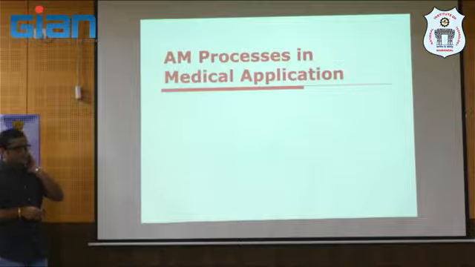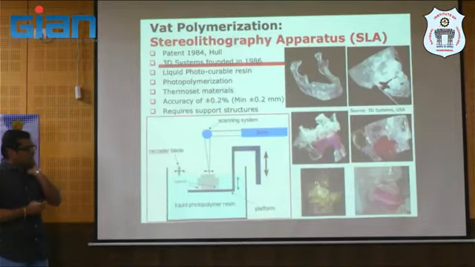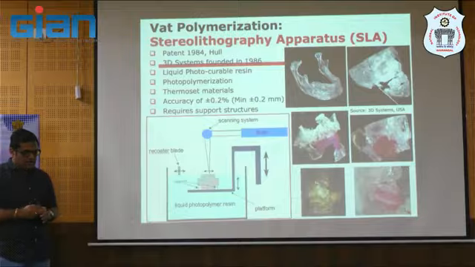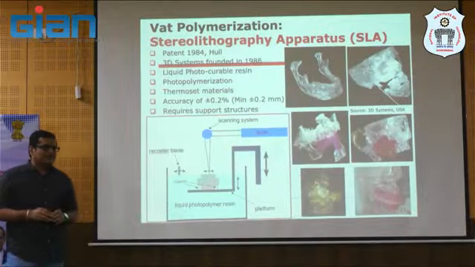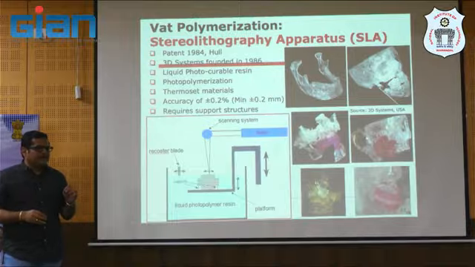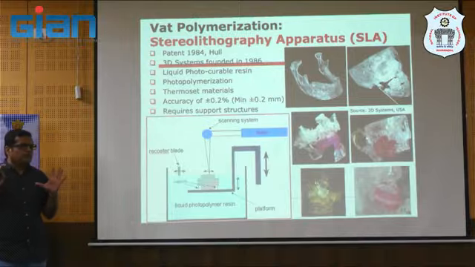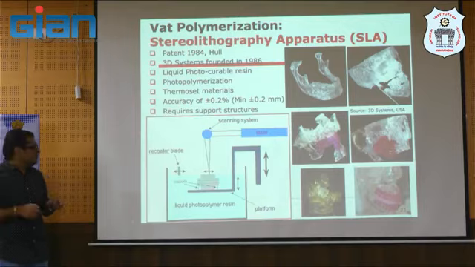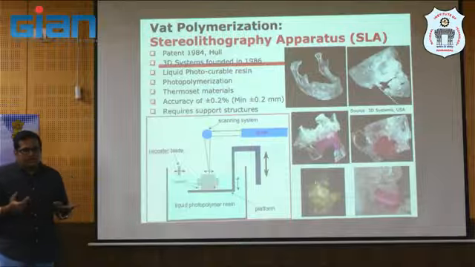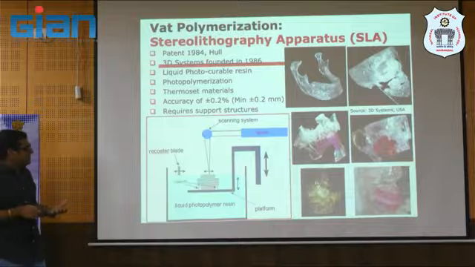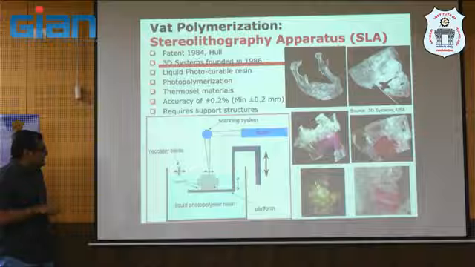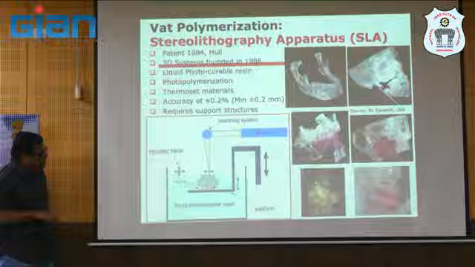So then what about the processes? If you look at VAT, I'm not going to repeat the principle of the VAT photopolymerization process. The idea here is that we can make 100% see-through materials, epoxy resins, almost transparent. Why do we need such a requirement? Say for example, there is a tumor here, an implant required here, and a nerve here.